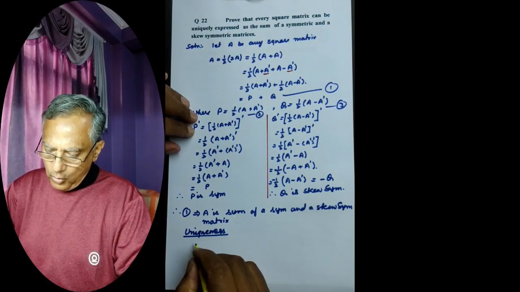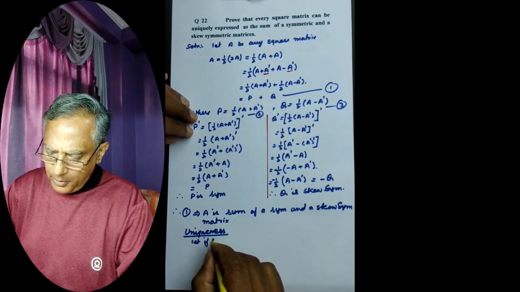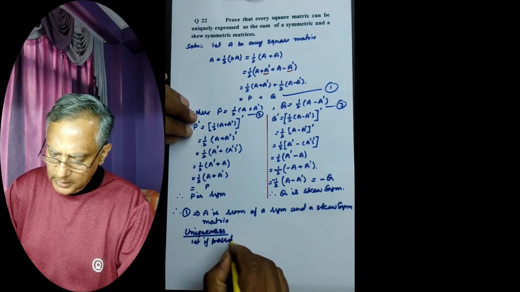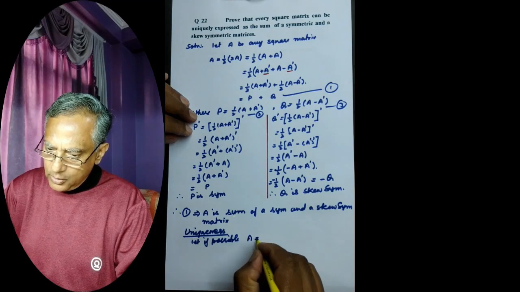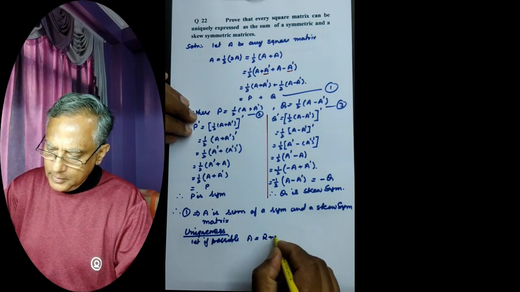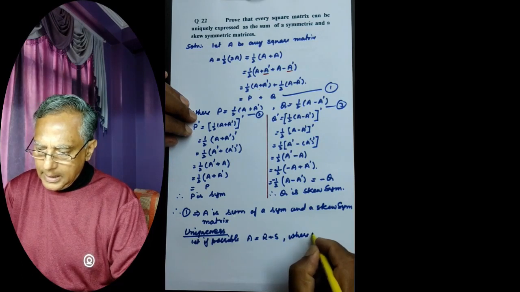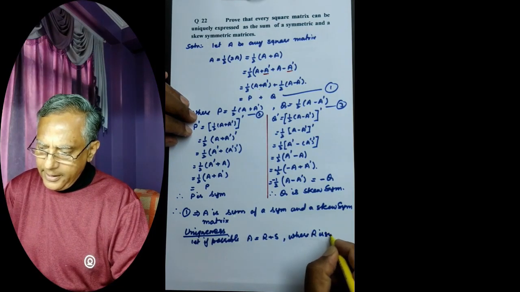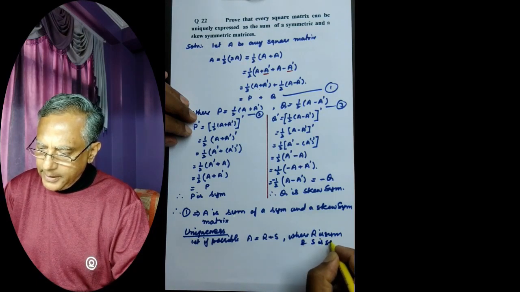So what we do is, let, if possible, A be equal to R + S, where R is symmetric and S is skew symmetric.